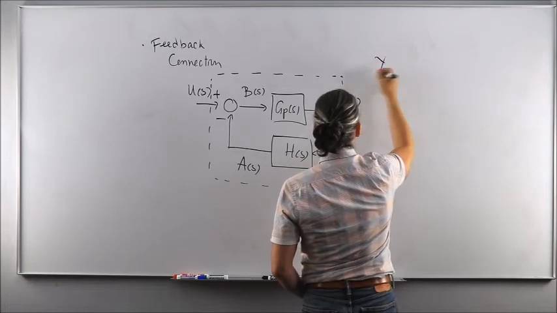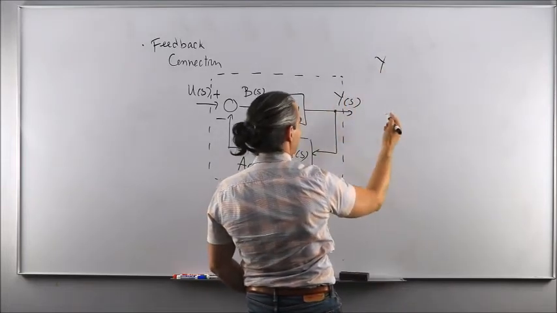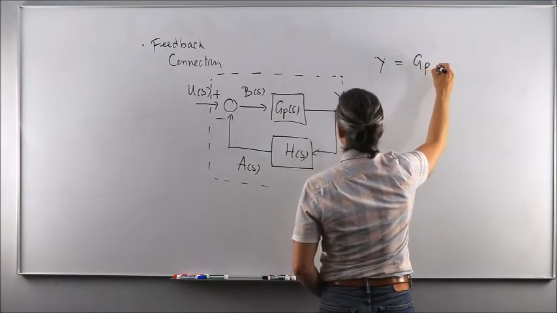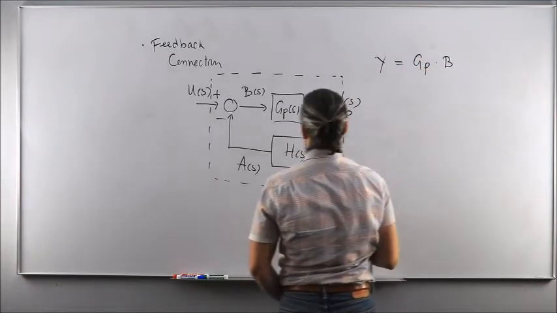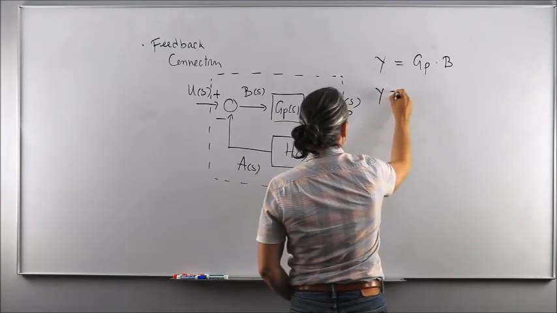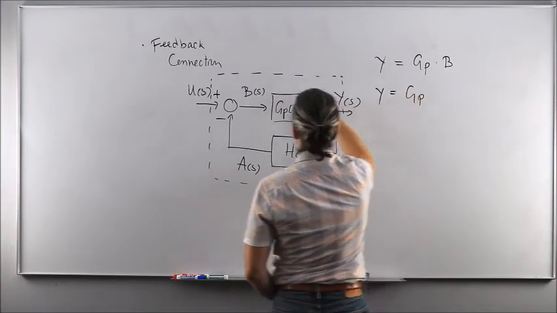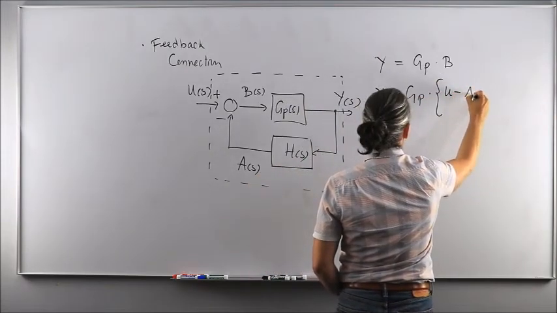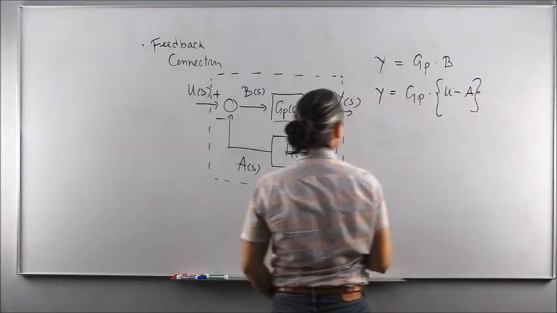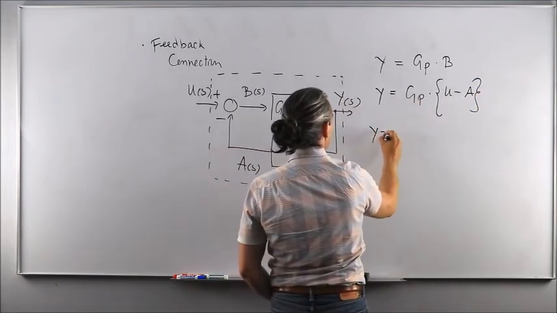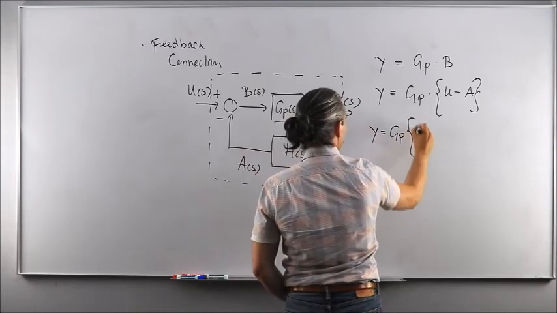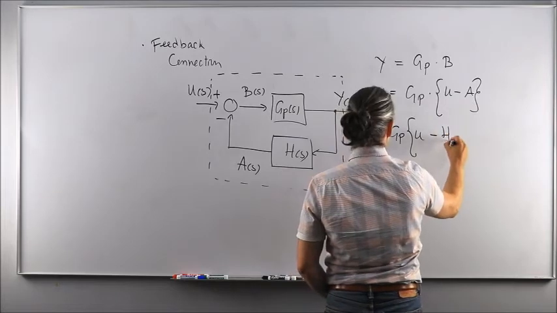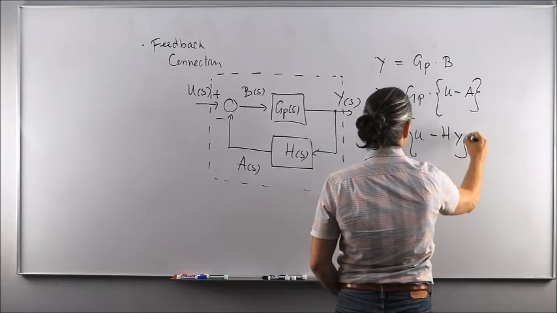First, I'm going to drop the function of s because everything is function of s, and that will just speed things up. So y of s is equal to gp times b. Or in other words, gp times u minus a. Okay? Or y equal gp times u. A is equal to h times y.